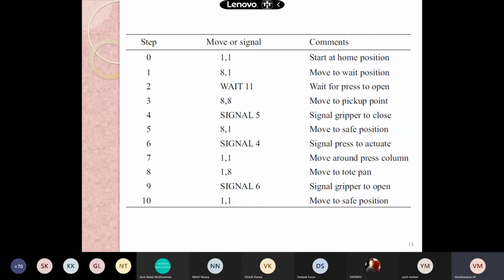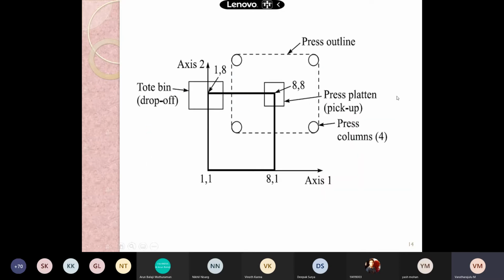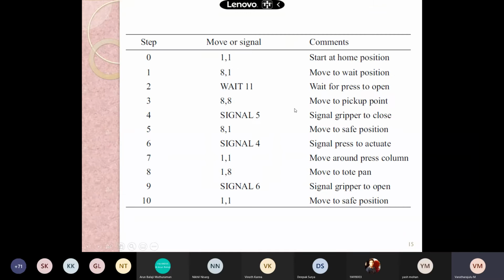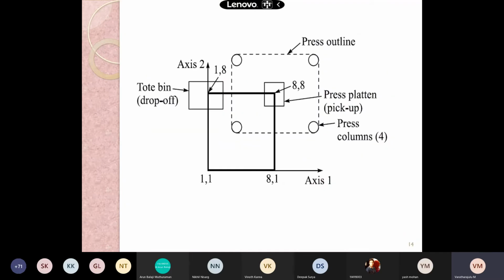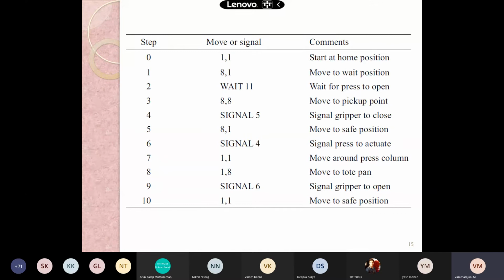Signal 5. What happens? The controller outputs a signal through line M, signalling the gripper to close. It has to pick up the debris from 8 8. And then 8 1, move to safe position 8 1, it returns back to 8 1, and signal 4.